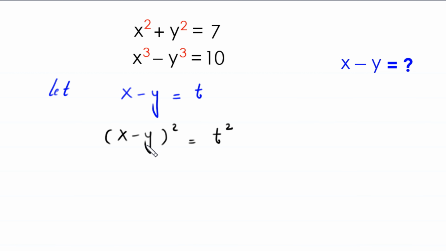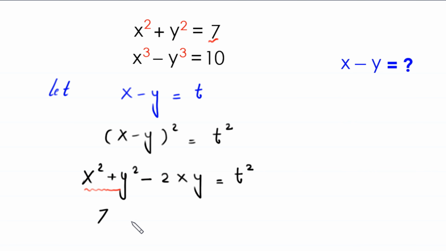This (x minus y) squared is equal to x squared plus y squared minus 2xy is equal to t squared. Now we replace this x squared plus y squared with 7. So this will become 7 minus 2xy is equal to t squared.